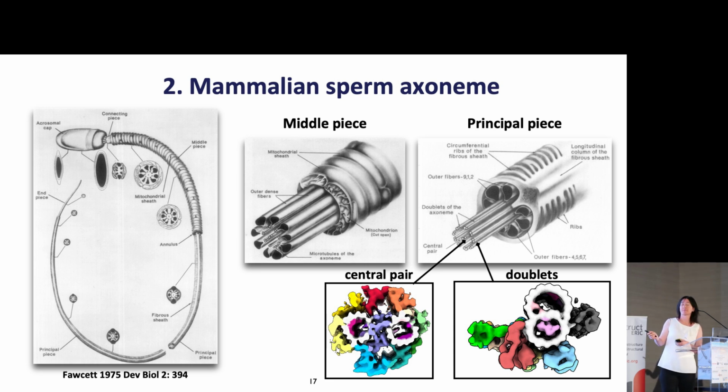And in this case, we also got the subtomogram averaging of this structure. So you can see here, this is the central pair, which is in the middle, and an average of the doublet, which is in the surrounding.